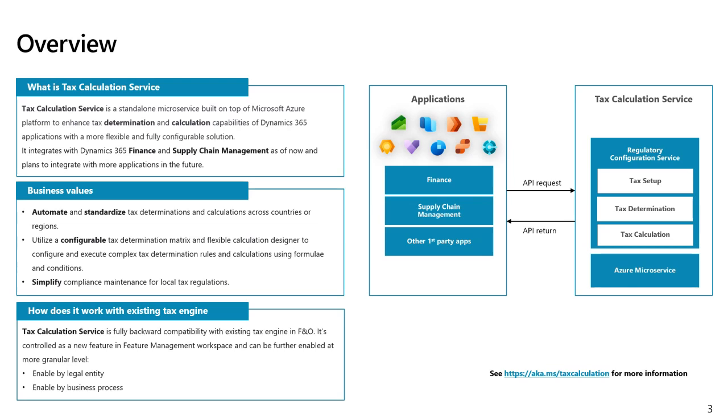Benefiting from the microservice architecture, tax calculation service is more scalable and extendable. It is already integrated to multiple applications in the Dynamics family, such as Dynamics 365 Finance and supply chain management. And there are more applications on our roadmap, so please stay tuned.